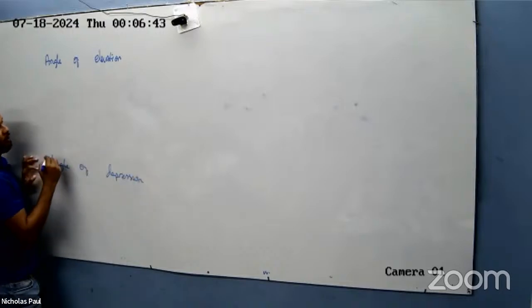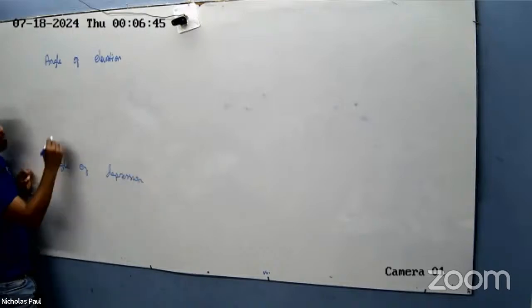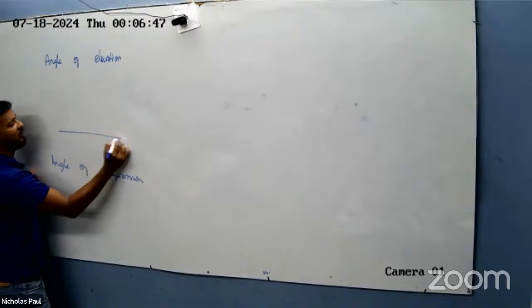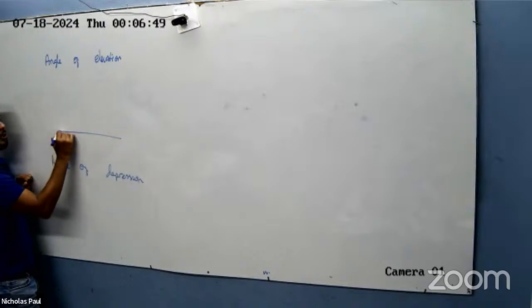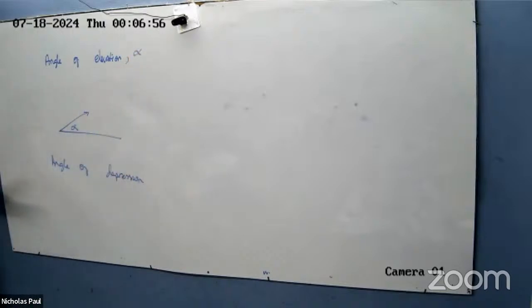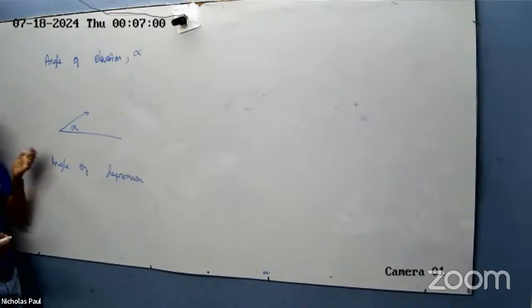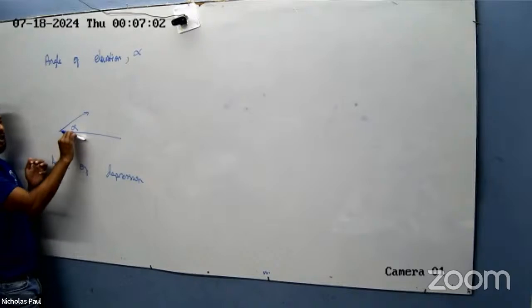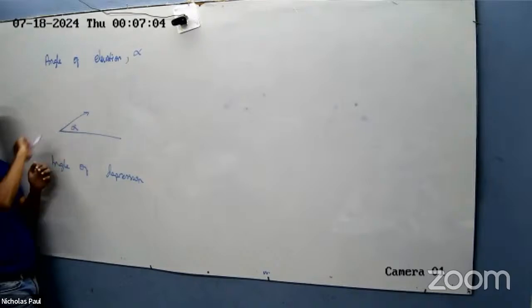So how does angular elevation work? Real simple. This is your horizontal, and when you look up, alpha is the angle of elevation. If they say an angular elevation of 40, from the horizontal you measure 40 degrees and look up.